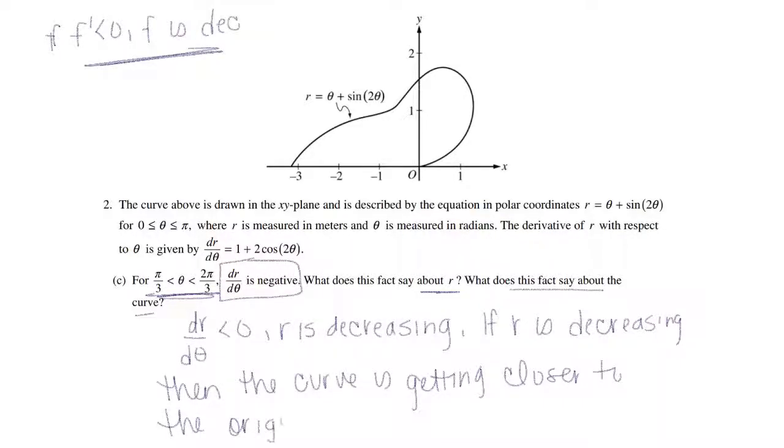Excuse the terrible handwriting. Okay, so let's talk about this again. We were told that the rate of change of the radius with respect to theta is negative, and they wanted to know what that means about r. Well, if the rate of change of r is negative, then r is decreasing. And then they wanted to know what that means about the curve itself. Well, if the radius is decreasing, then the curve has to be getting closer to the origin.